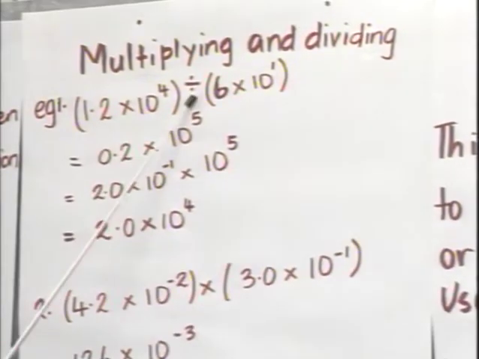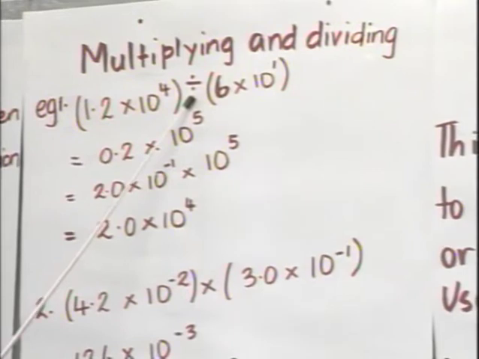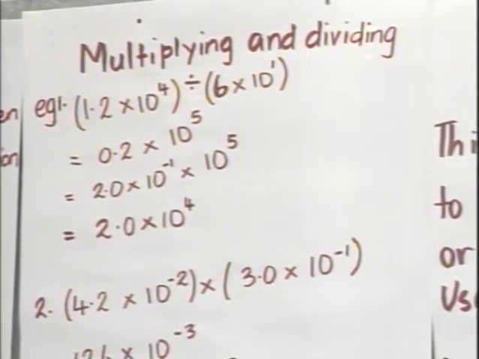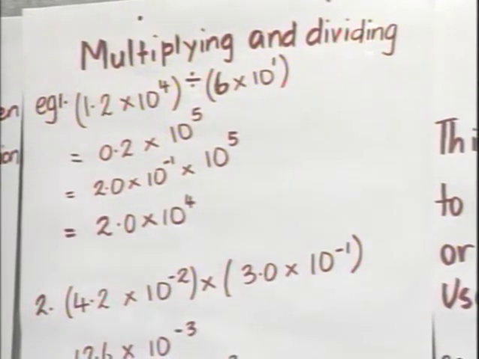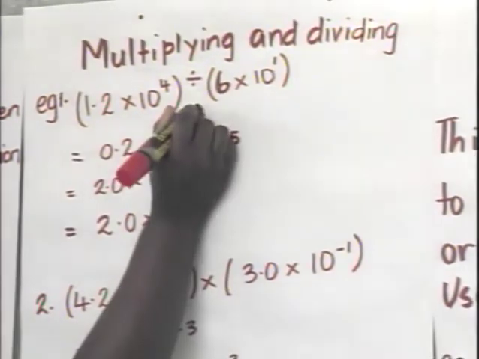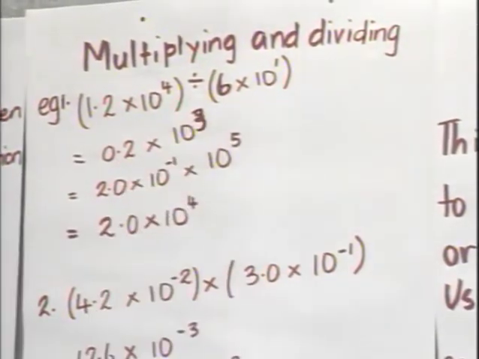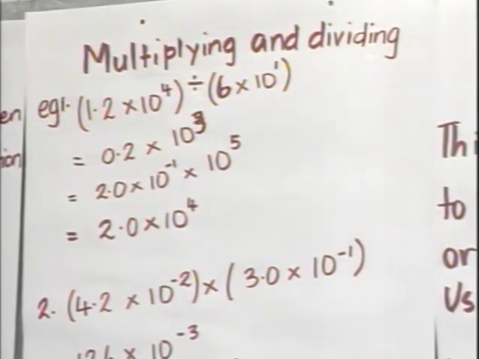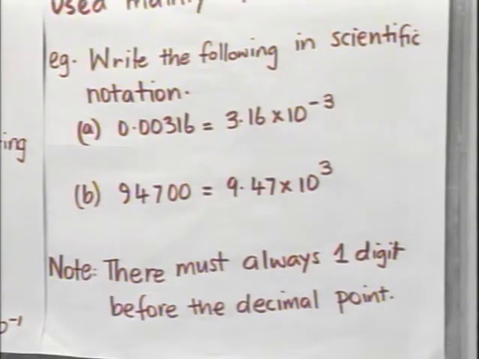What you do then is, because it's division, you subtract the indices. I actually had multiplication and then I removed it and forgot to remove the power of 5. So it's 4 take away 1, which is 3. So 0.2 times 10 to the power of 3. Note, the rule says there must always be one digit before the decimal point, and that digit must be a number greater than 0 and not 0.